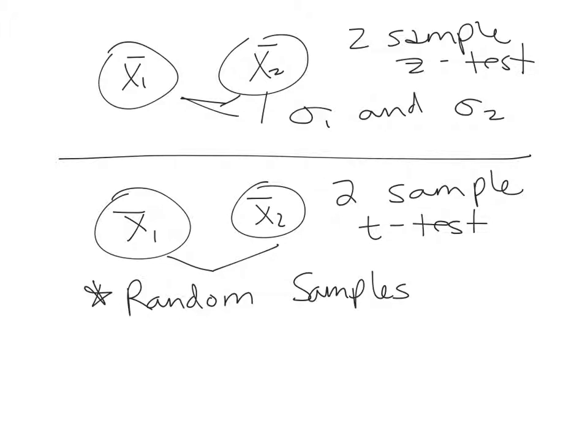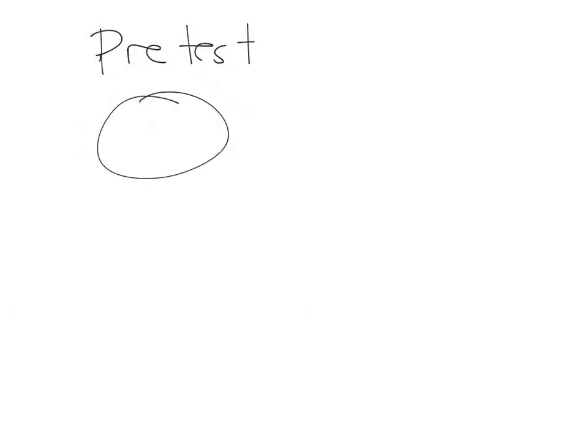So what happens if I want to do something like a pre and post test for a group of students? So I give everybody a pretest. And then they get a mean score for this pretest, and so on.